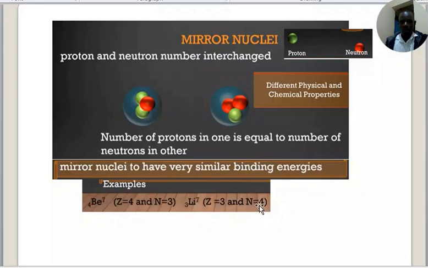Now, when you compare, the number of neutrons for lithium is equal to the number of protons, which is the atomic number of beryllium, which is also 4. At the same time, the number of protons in lithium, which is 3, is equal to the number of neutrons in beryllium, which is also 3. So therefore, we refer to such atoms as mirror nuclei.